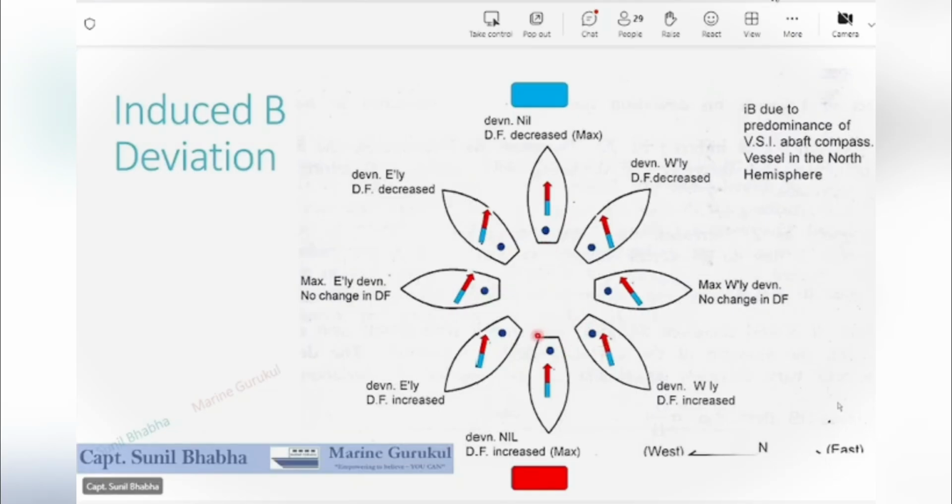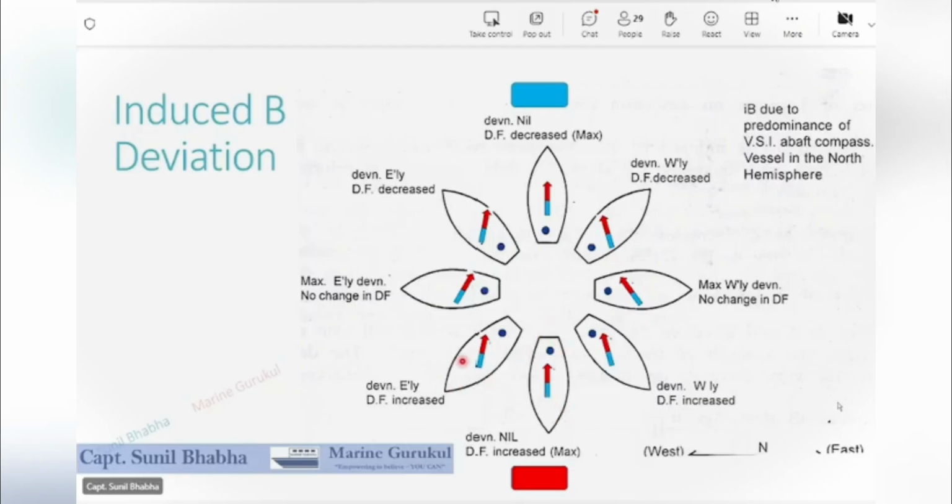So when the ship goes on a southerly heading, the blue pole of the funnel comes exactly north of the compass needle. And since it is aligned with the magnetic field of the Earth now, it does not generate any deviation at all. So no deviation on south heading.